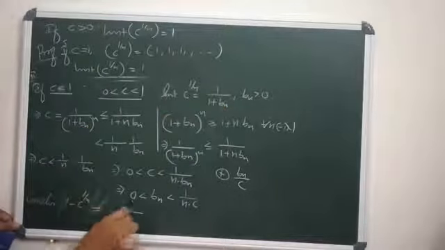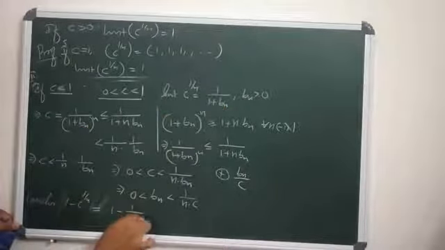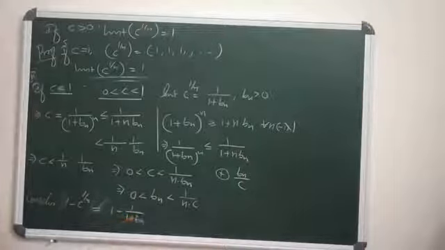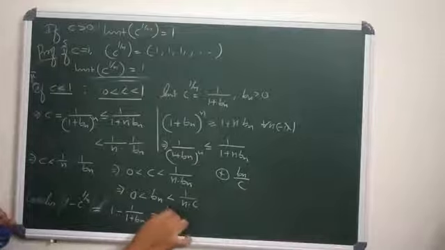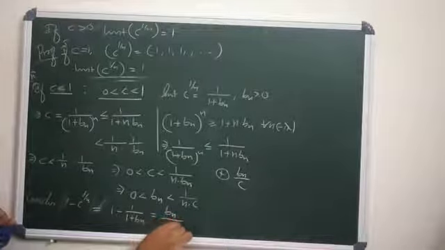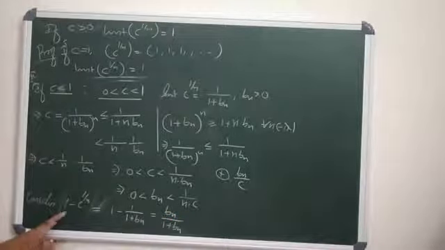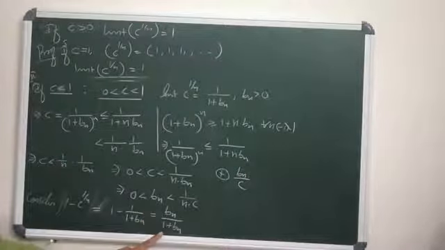So it equals 1 minus 1 by 1 plus bn, which is bn by 1 plus bn. So 1 minus C power 1 by n equals bn by 1 plus bn.